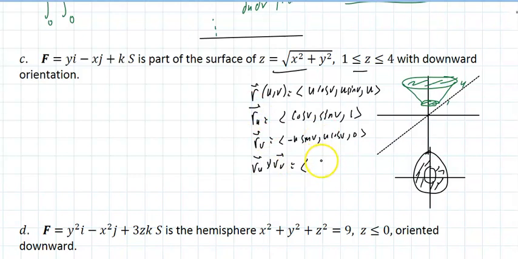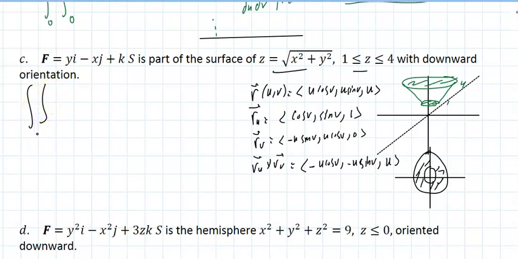If you remember, that is 0, negative u the cosine of v, negative u the sine of v, and just u. And there it is.